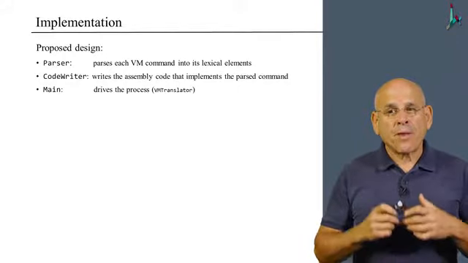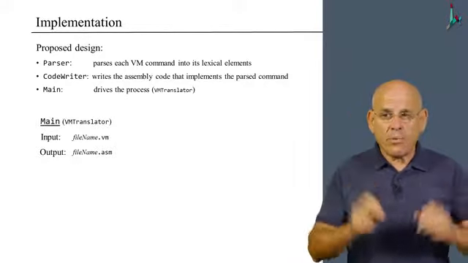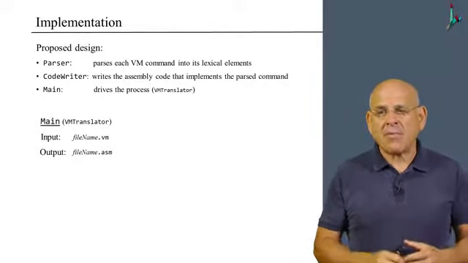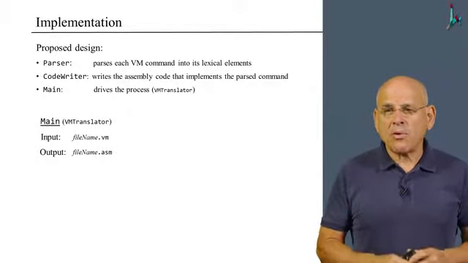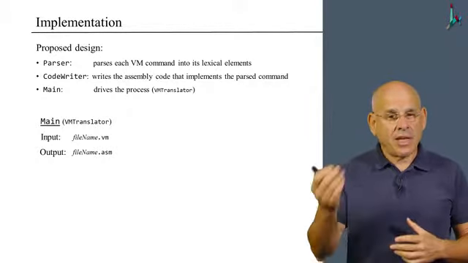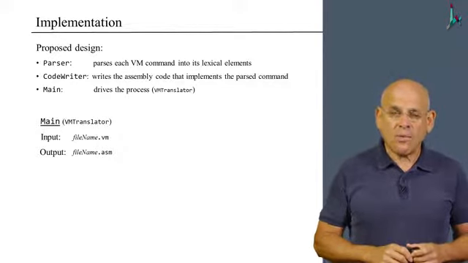So the main class, the VM translator, has one input, which is a filename.vm, and it generates as output a filename.asm, as we saw in the demo that I previously showed you.